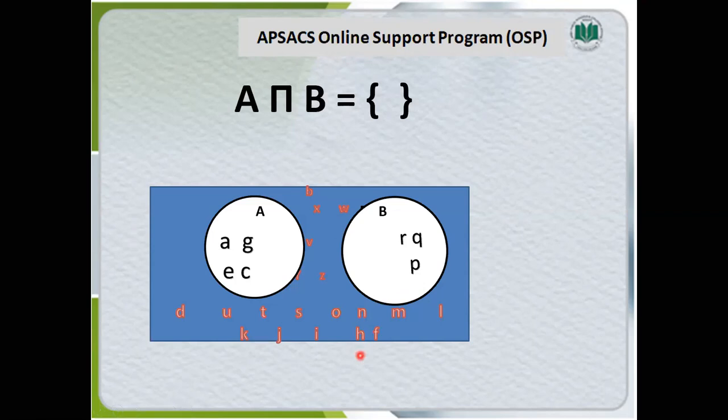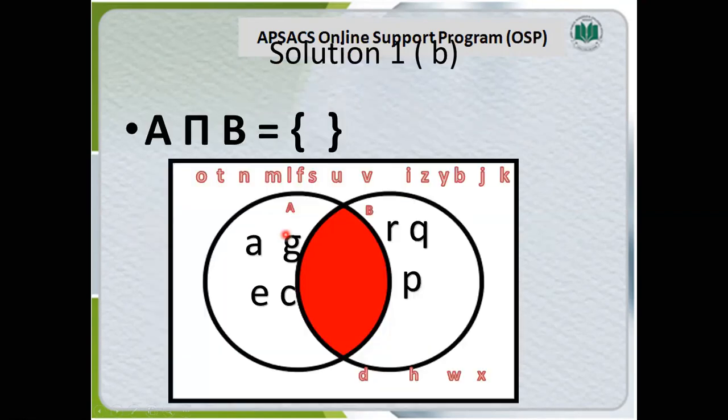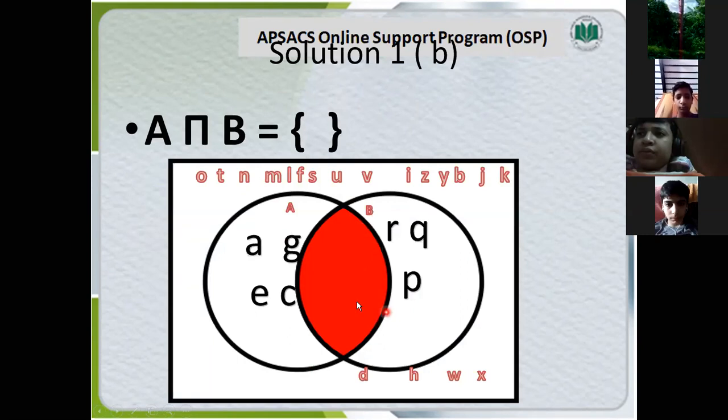Yes, ma'am. Look here, you are so lucky because if two sets have no common point, then you have two different types for representing a Venn diagram. One, you draw two circles, and both circles you draw separately. And the other way is that you overlap these two circles as you have already done in question number 1 part A, but here in the common place you have to leave it empty.